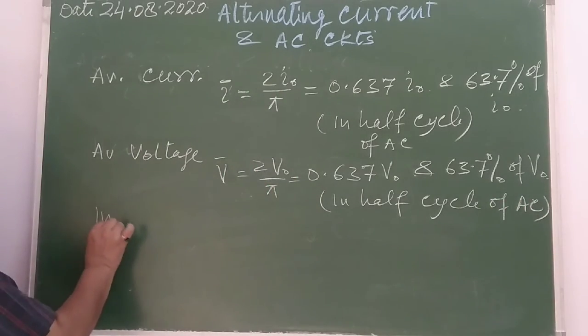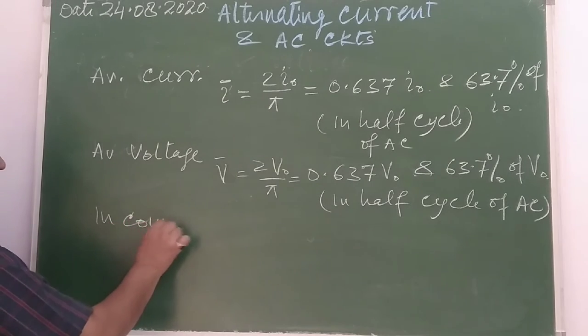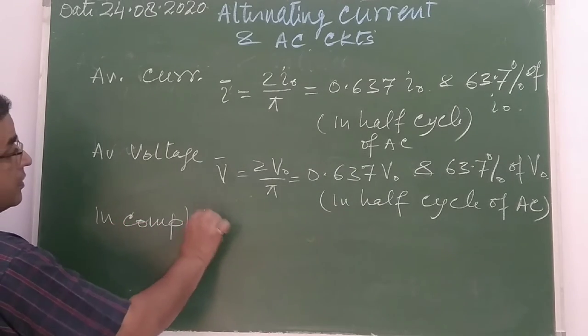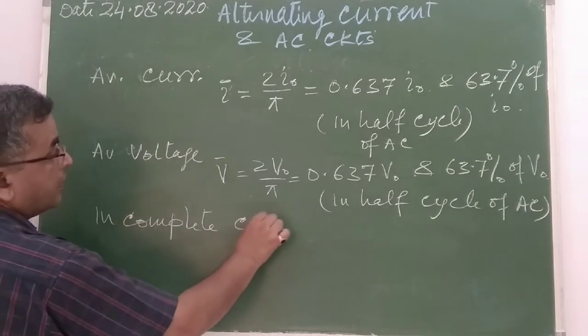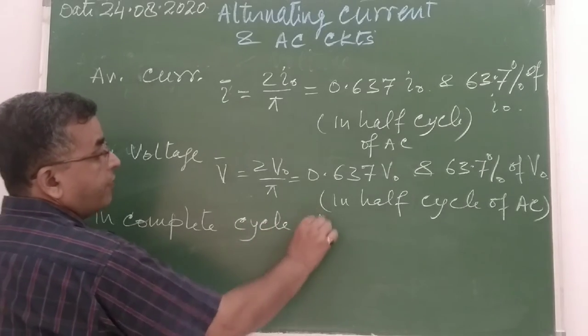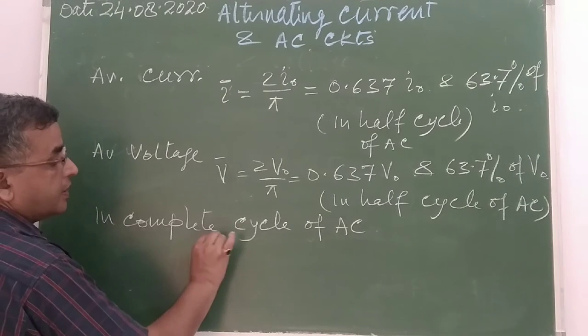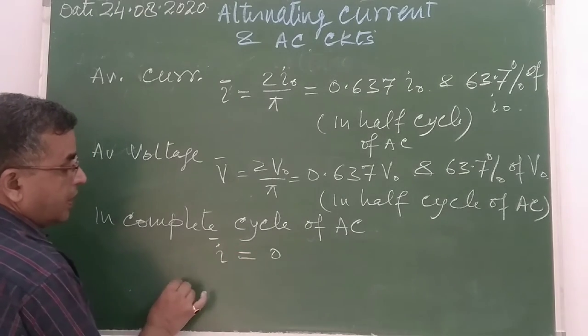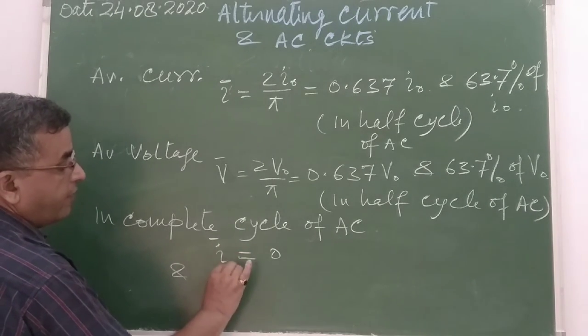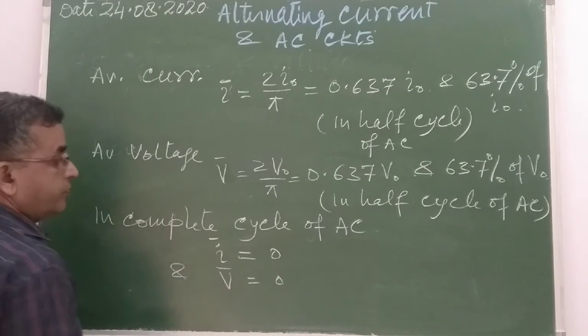In a complete cycle of AC, I average is 0 and V average is 0.